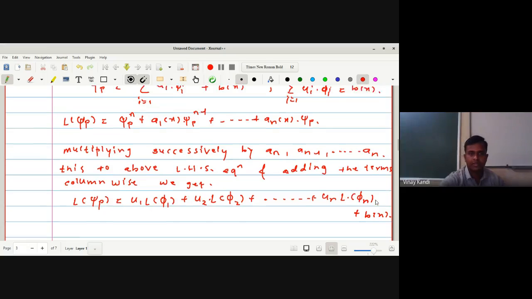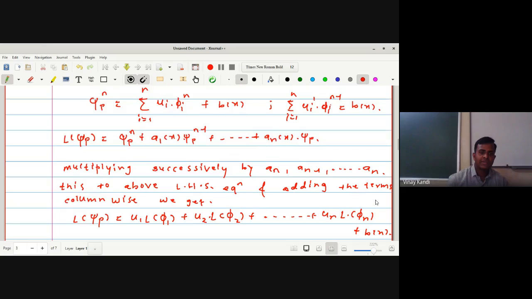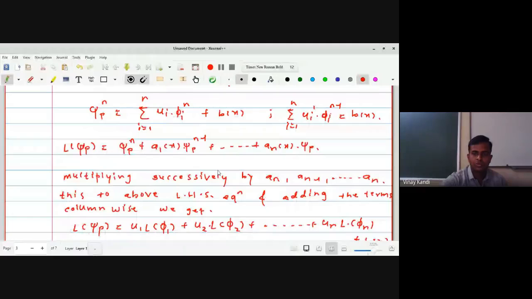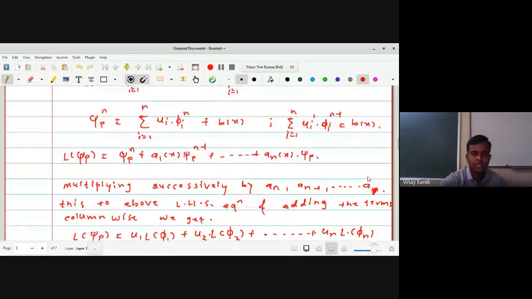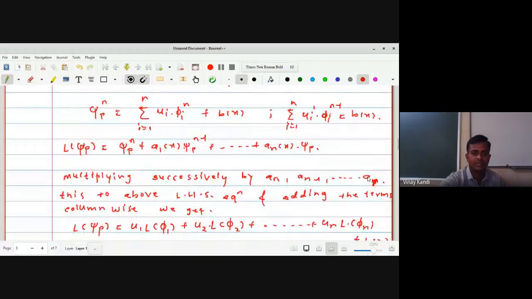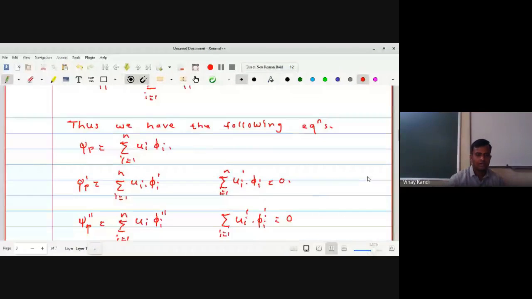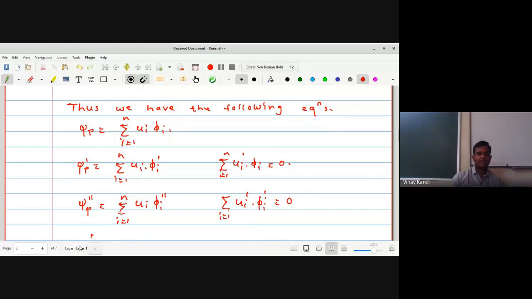OK, now look here. L of psi, we get, now multiplying successively by an minus 1 up to a1 to the left hand side of the above equation. Here we get, collecting the terms of u1, u2 again.